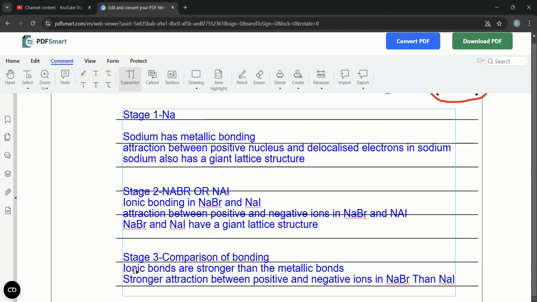And finally, why is there a stronger attraction between positive and negative ions in NaBr than NaI? Well, since the Br minus ion is smaller than the I minus ion.